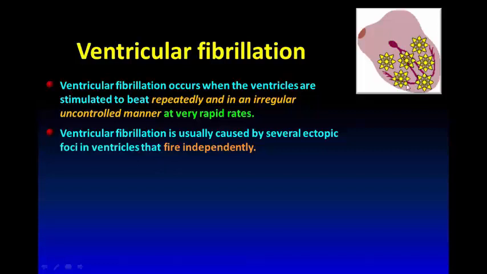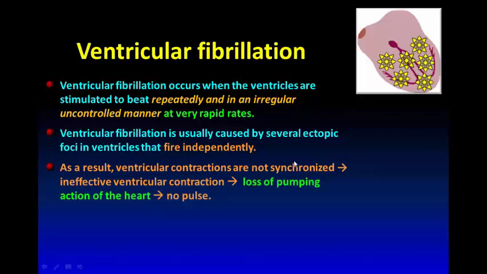Ventricular fibrillation is usually caused by several ectopic foci in the ventricles, which fire independently. As a result, ventricular contractions are not synchronized, resulting in ineffective ventricular contraction and loss of the pumping action of the heart.